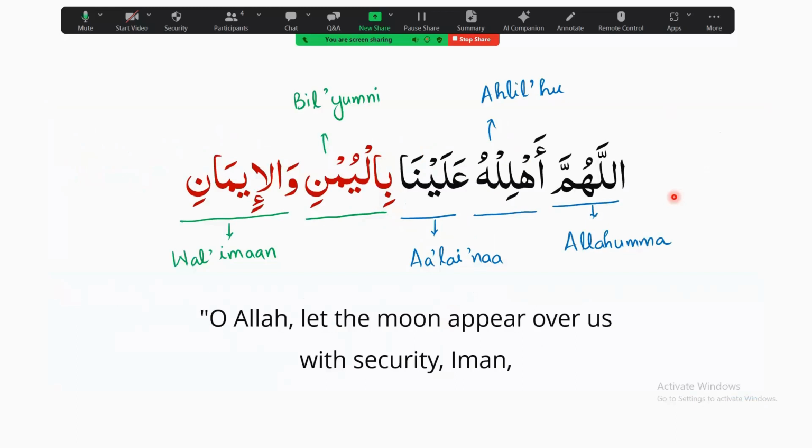Okay, let's try to memorize this. Allahumma ahlilhu alayna. Oh Allah, let the moon appear over us. Whenever Allahumma comes in du'as, we are calling upon Allah subhanahu wa ta'ala: oh Allah. Ahlilhu alayna, let the moon appear over us.